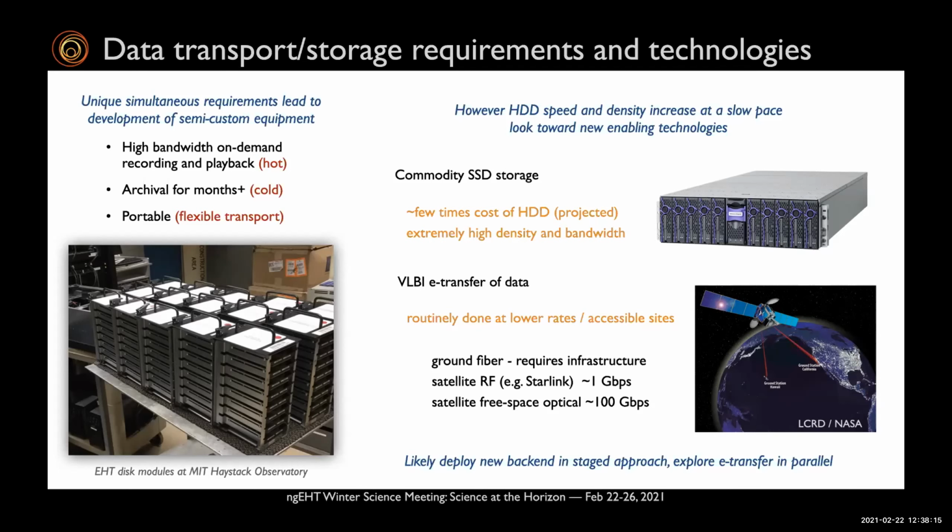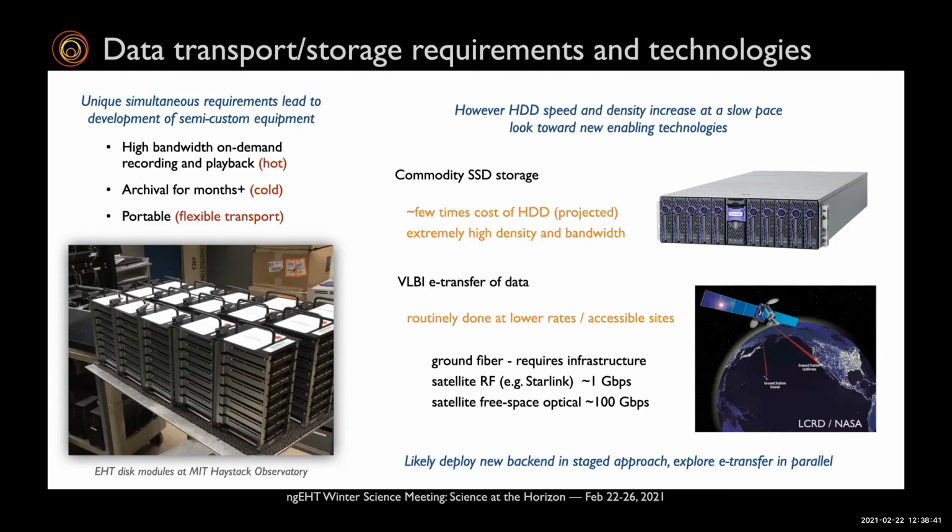And then finally, if we want to approach the actual rates of ngEHT, we'll need something like free space optical. So there's laser communications, maybe through a satellite relay like this LCRD experiment from NASA. So these are all being looked at. We wouldn't be developing our own networks of satellites, obviously.